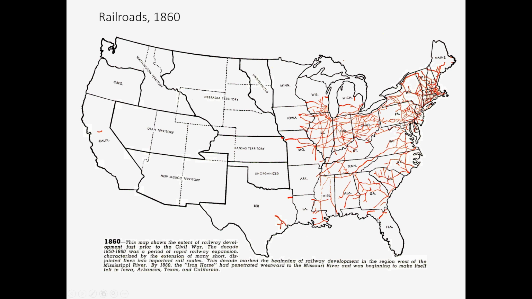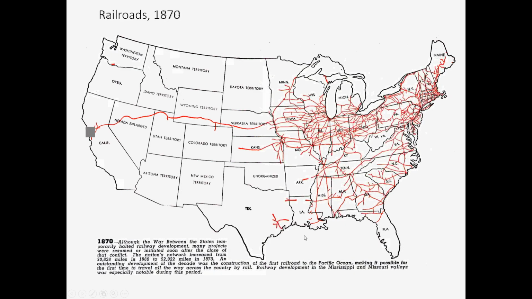You see similar things here in Florida and elsewhere. Here's one in around Sacramento, California, that doesn't really go anywhere except locally. Now look at what happens by 1870. The big news here is the Transcontinental Railroad. And now, as of 1869, the nation is connected from coast to coast by rail.